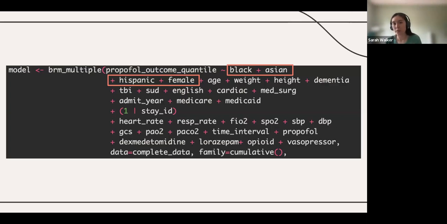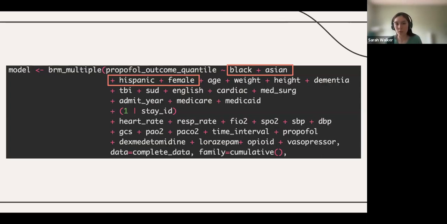But the reason why we don't include all 4 in the model is because it introduces something called perfect collinearity. That means that you can perfectly get the value of one of the variables based on the other ones. So if Black, Asian, and Hispanic were all 0, then for sure white has to be 1. So for that reason, we only have 3.